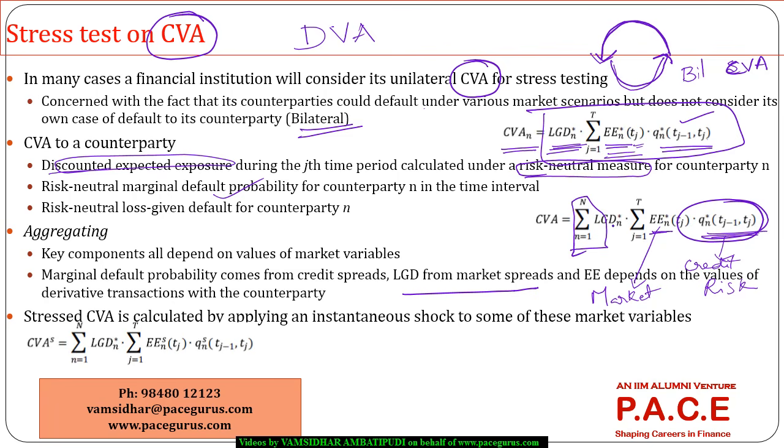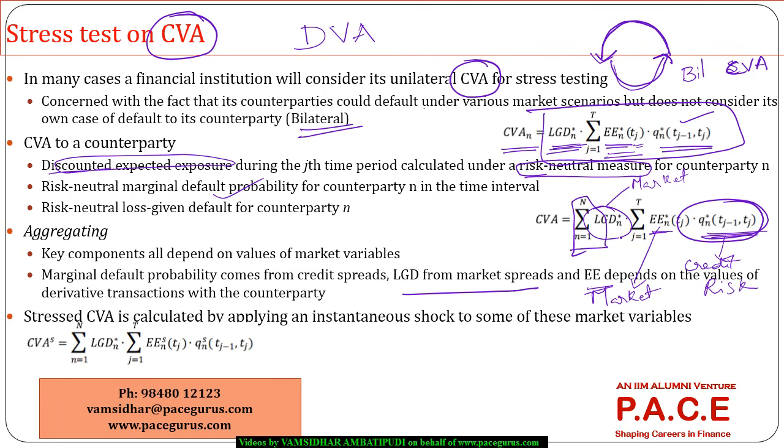LGD is coming from the market spread, because based on the market scenario, how much amount can be recovered can very well be understood. But expected exposure is purely based on the value of the derivative transactions, and this is also based on the market variables itself.